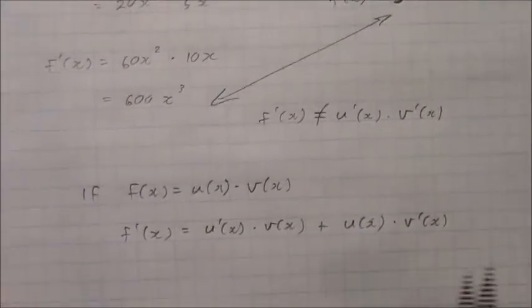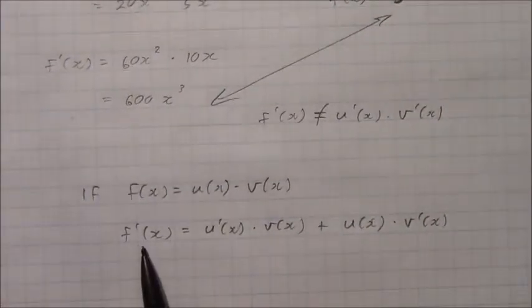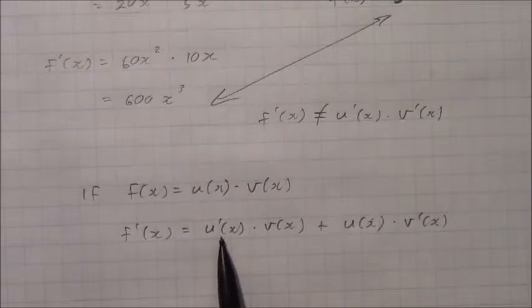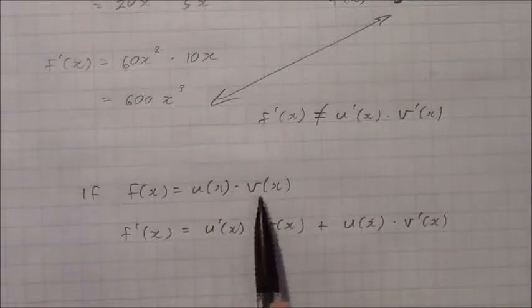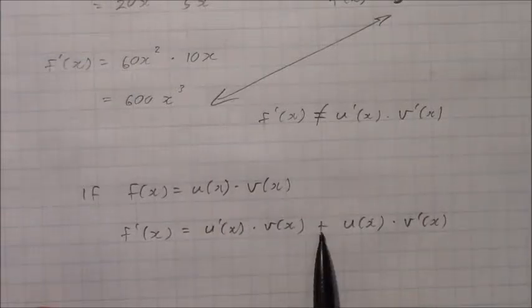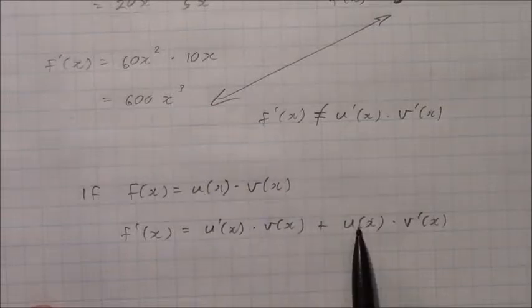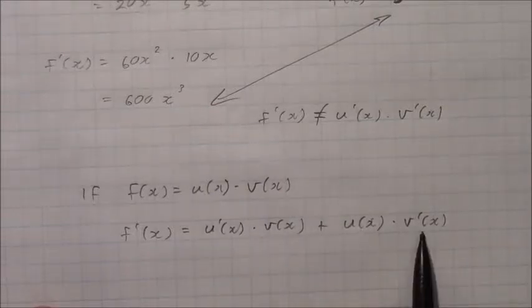So f prime of x equals the derivative of the first function multiplied by the second plus the first function multiplied by the derivative of the second.